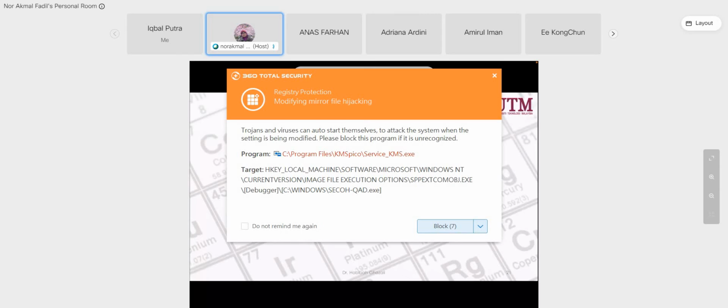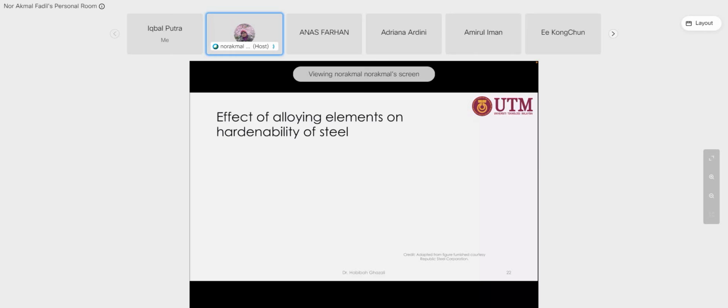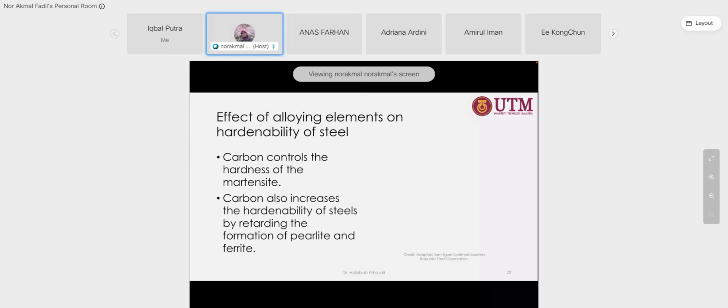So how actually can the alloying elements improve the steel? It seems like we add a new element and it increases the properties, but how does this element actually improve the properties? For example, look at one perspective, which is hardenability. Carbon controls the hardness of the martensite, because with no carbon or less carbon, there is no martensite. Besides, carbon also increases the hardenability of the steel by retarding the formation of pearlite and ferrite.